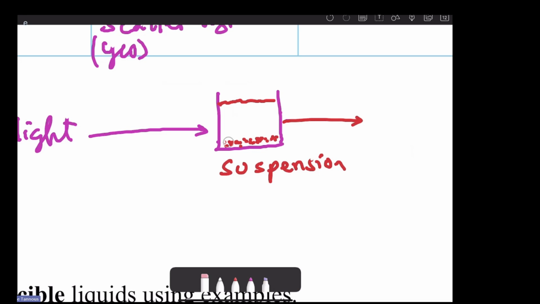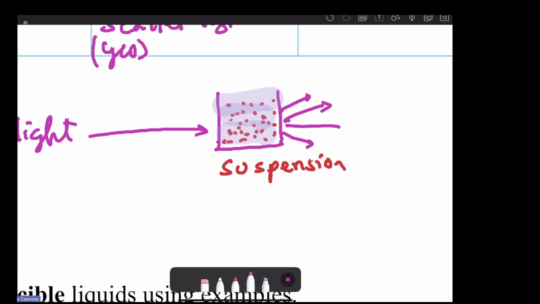However, if the suspension mixture was mixed very well, and you are stirring it, and the particles did not yet settle out, then you can see the beam of light and you can barely see light coming out from the solution. But this light will become stronger and stronger once the particles start settling out.